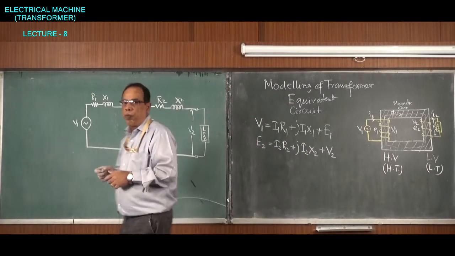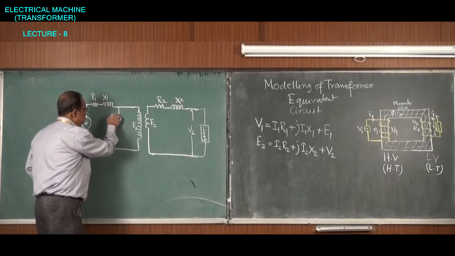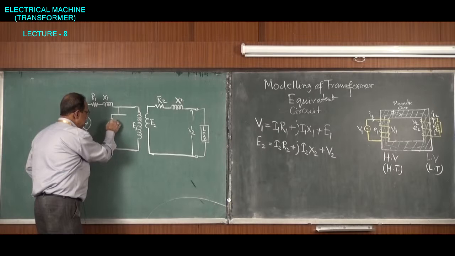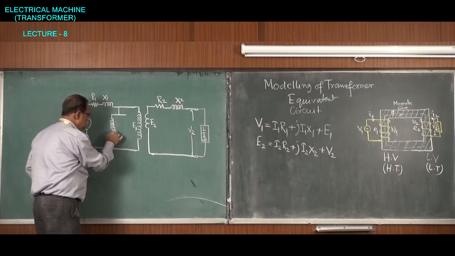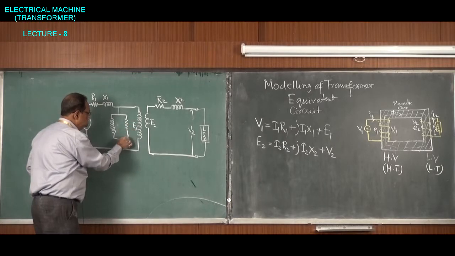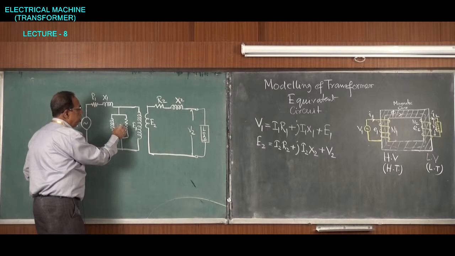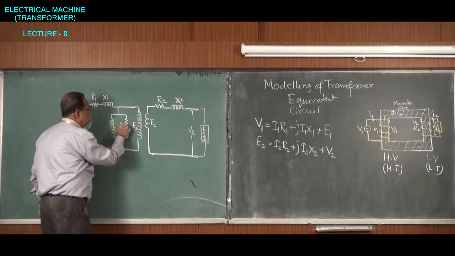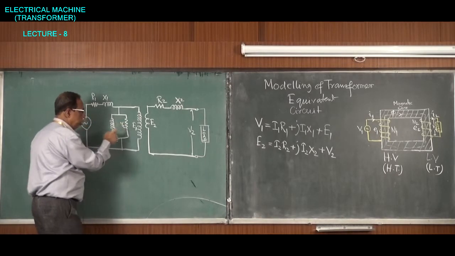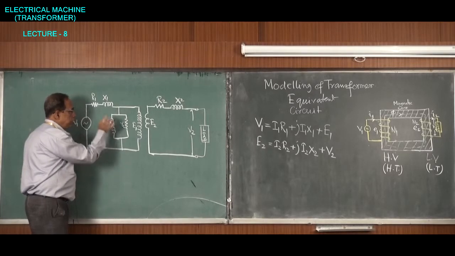So if I incorporate that inside this, I can put here this thing. This is your magnetizing coil and this is your resistance, which will be accounting for this magnetic loss. The resistance is called RC, core loss resistance, and this is called XM, magnetizing reactance.